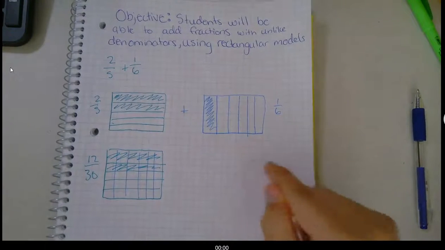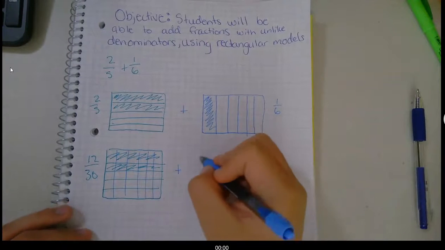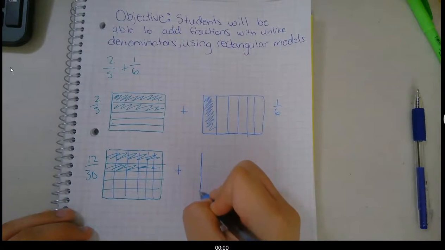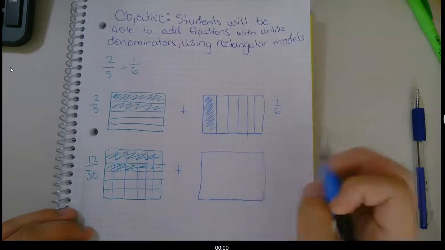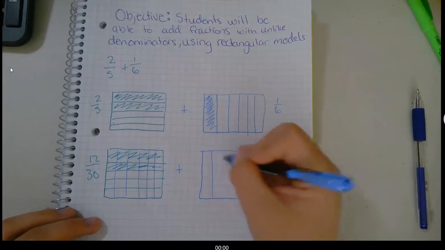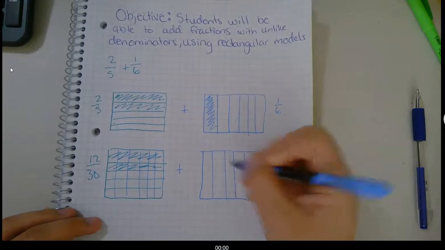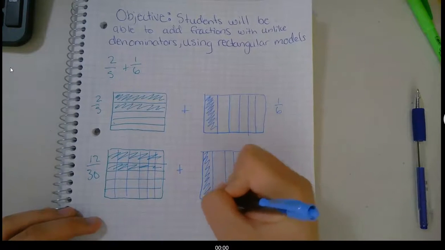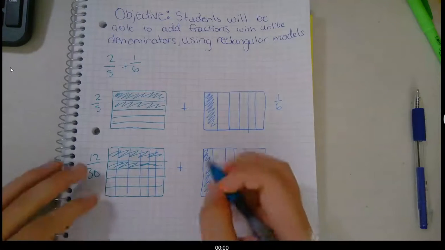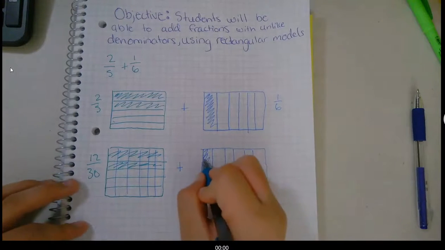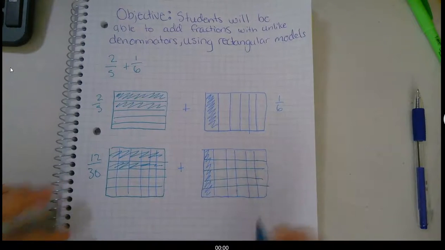And we're going to do the same thing for 1/6. We're going to use the original rectangle, split it into 6, shade in 1, and then you're going to split it the other way into fifths, so you could get that 30. 1, 2, 3, 4, 5.